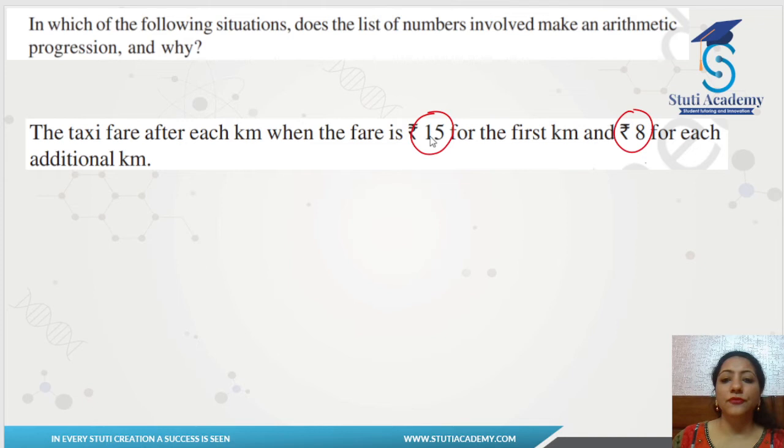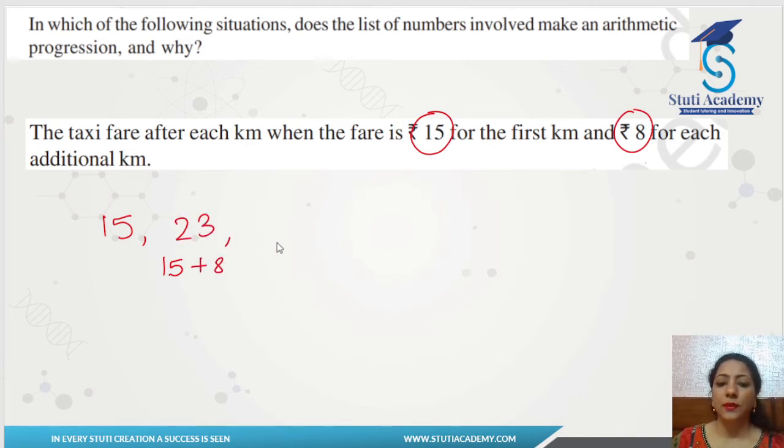So for the first kilometer, the taxi is charging 15 rupees. For the second kilometer, it would be 15 rupees for the first kilometer and 8 rupees extra for the second kilometer. So if a person is traveling 2 kilometers, he is going to pay 15 rupees for the first kilometer and 8 rupees for the second kilometer. So that would be 23. Now he is going to again pay 8 rupees extra for the third kilometer.